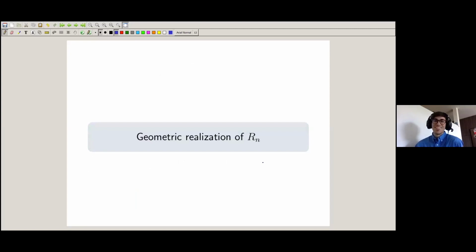Okay, so as the last part of this pre-seminar, I also wanted to connect Rn to some geometry. And usually you might see a geometric connection to the complete flag variety. I'd like to give you a different geometric realization of Rn, which is maybe less well known, but it has more connections with the main talk.